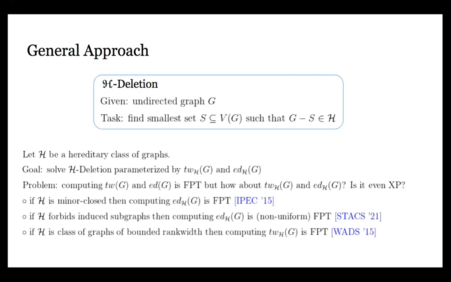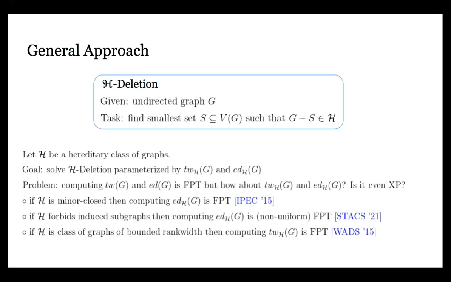If H is given by a finite family of forbidden induced subgraphs, then it is also FPT, although it is not clear whether this algorithm can be made uniform. And also, if H is a class of graphs of bounded rank-width, then computing H-treewidth is FPT.